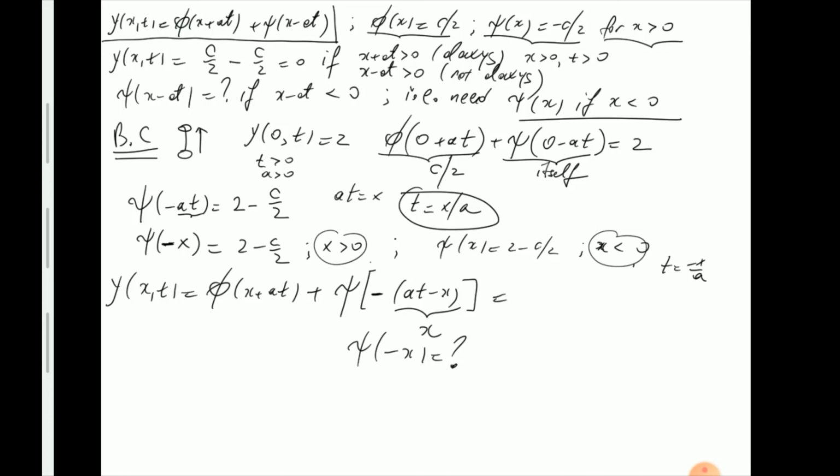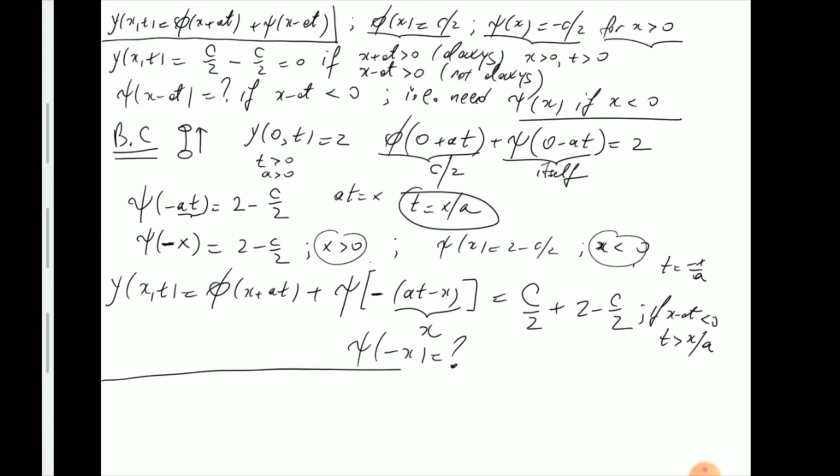So this will be basically c over 2 and then plus 2 minus c over 2, again if the argument is negative. So in other words, if x minus at is negative, or t greater than x over a, if you write this in terms of t, however you prefer.